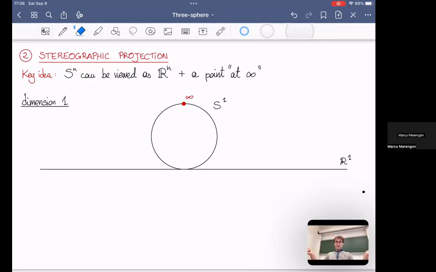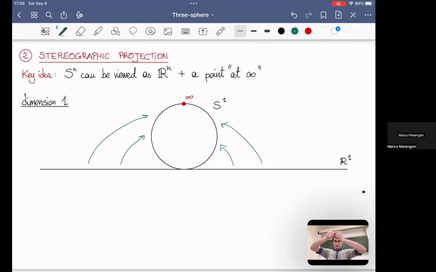Let's say that when it contracts, the two endpoints that are stretched at infinity meet each other at this point that I labeled infinity in the picture here. So what happens is that it wraps over this circle.